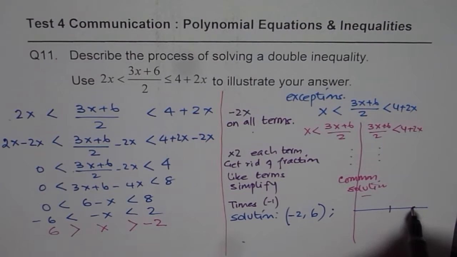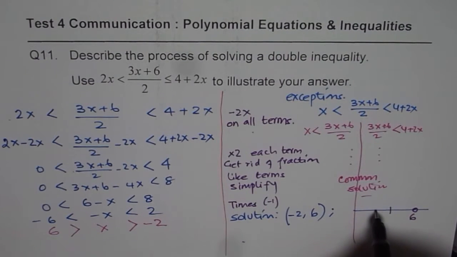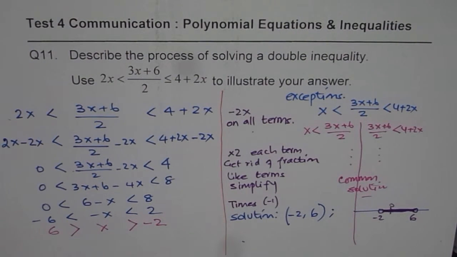Let us say this point is 6, which is not included, and this point is minus 2. Then the solution is in between these two, with 0 here. Then you have to clearly write down your answer. That is your final step. I hope with that you understand how we should solve a double inequality. I hope that helps. Thank you.